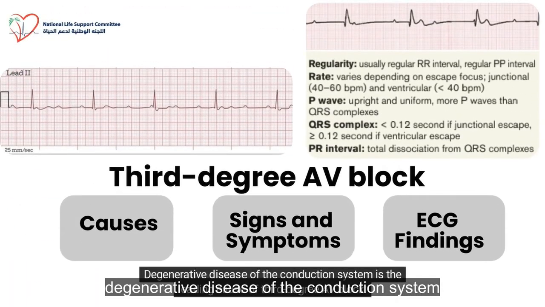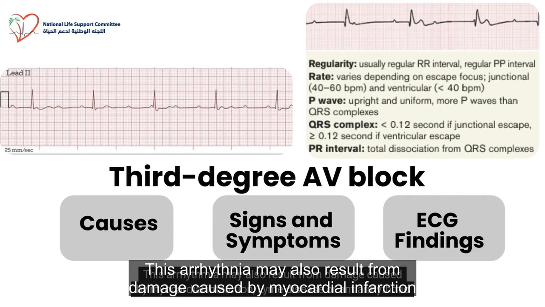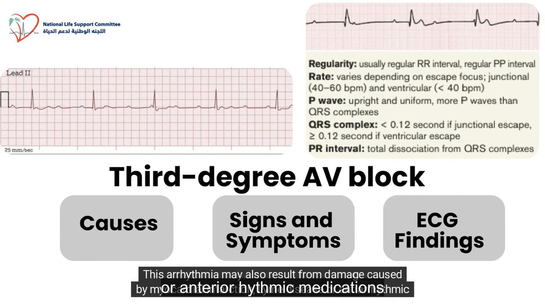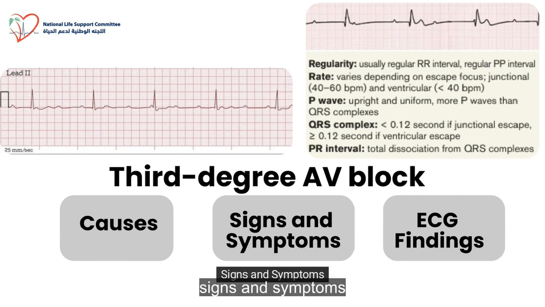Causes. Degenerative disease of the conduction system is the leading cause of third-degree AV block. This arrhythmia may also result from damage caused by myocardial infarction, Lyme disease, or antiarrhythmic medications. Signs and symptoms.